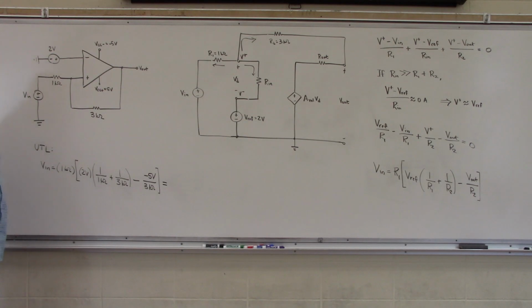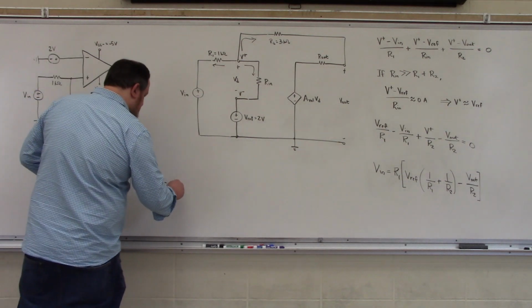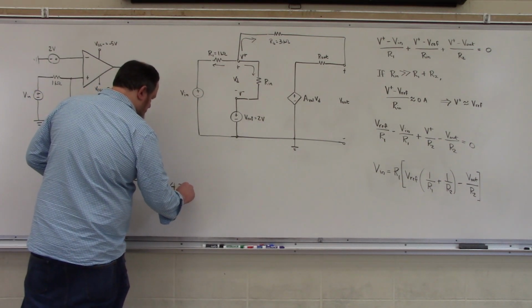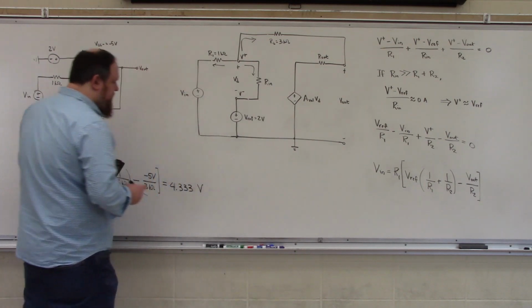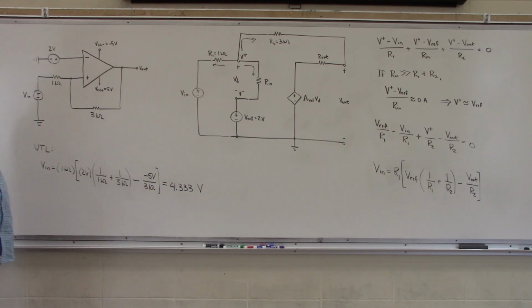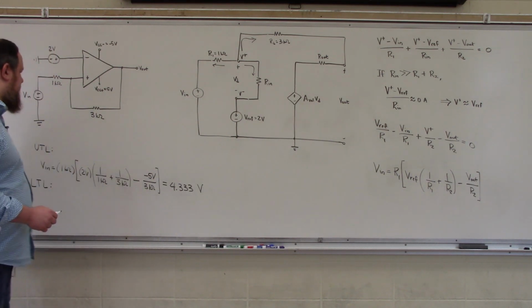If we use our calculator and solve this expression, we find that Vn is equal to 4.333 volts. So at a voltage of 4.333 volts, we should observe that our output voltage changes from VCC minus to VCC plus. For our lower trigger limit, we're going to use the exact same expression, but we're going to put VCC plus in instead of VCC minus.